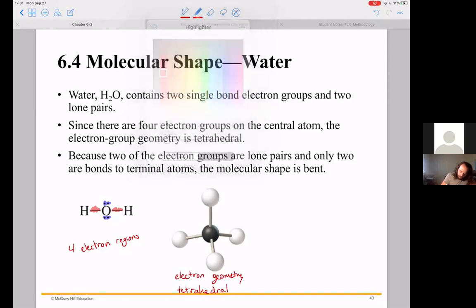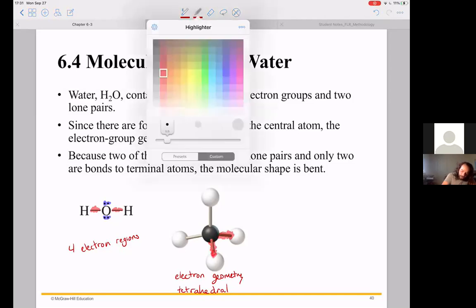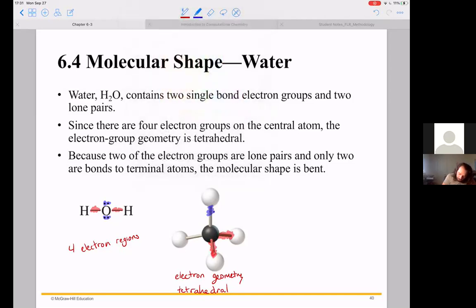But now 2 of those correspond to bonds, and the other 2 correspond to lone pairs.